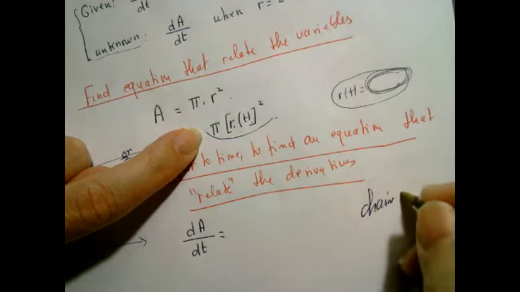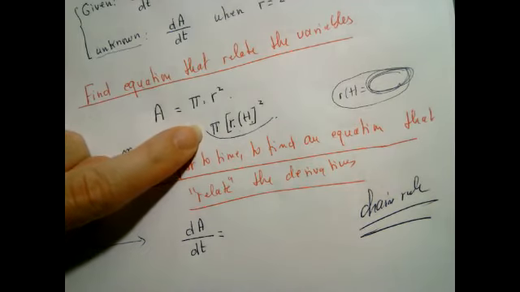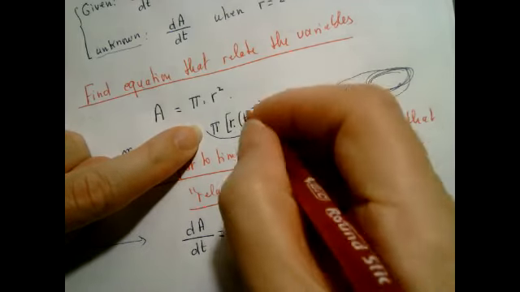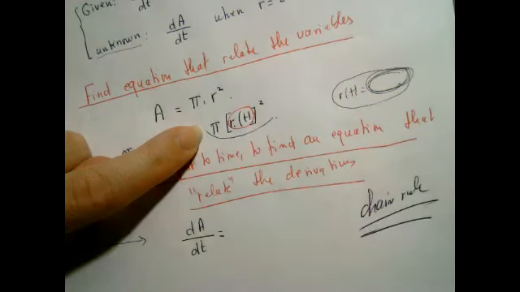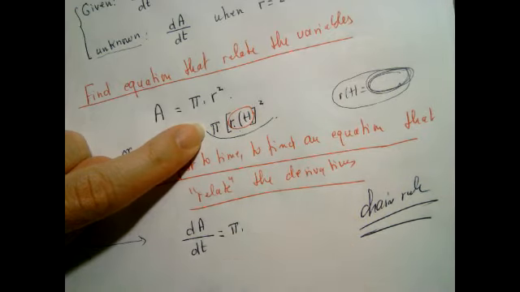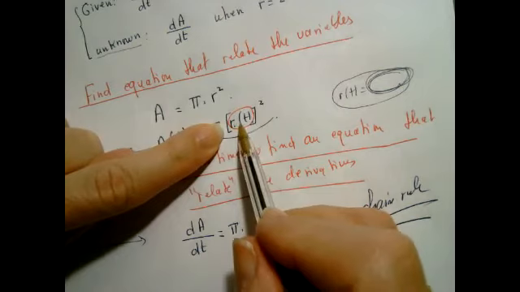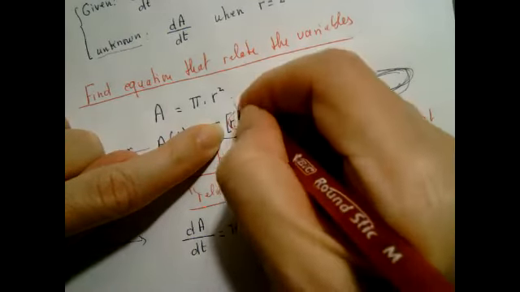What does the chain rule tell us? What's the derivative of that? You can think of this as your inside function. And so the derivative is going to be pi, that's my constant. What's the derivative of r of t? That's really my inside.